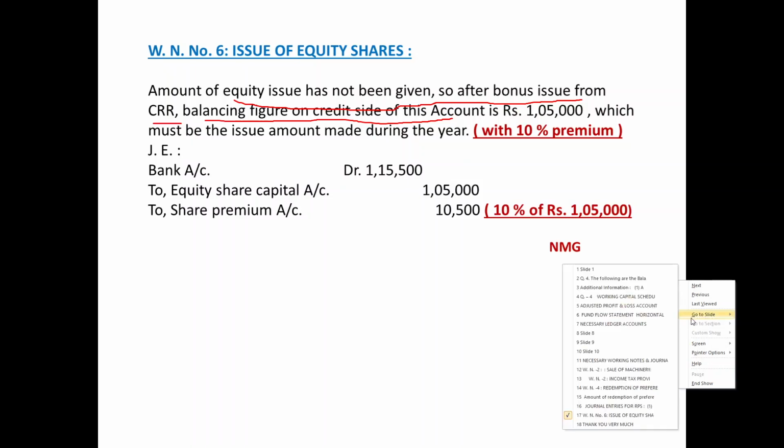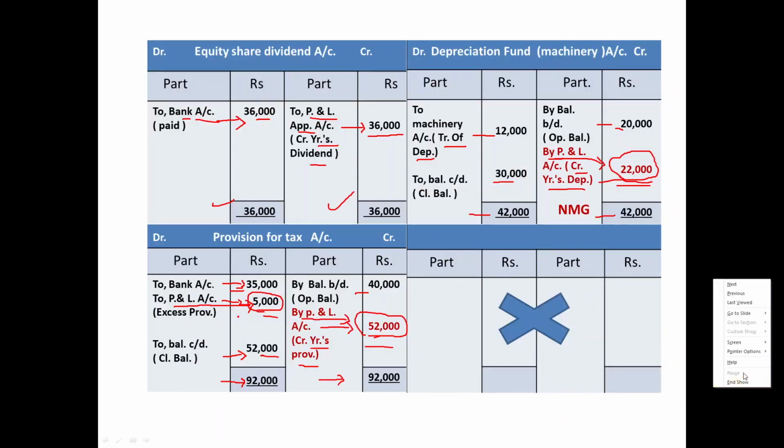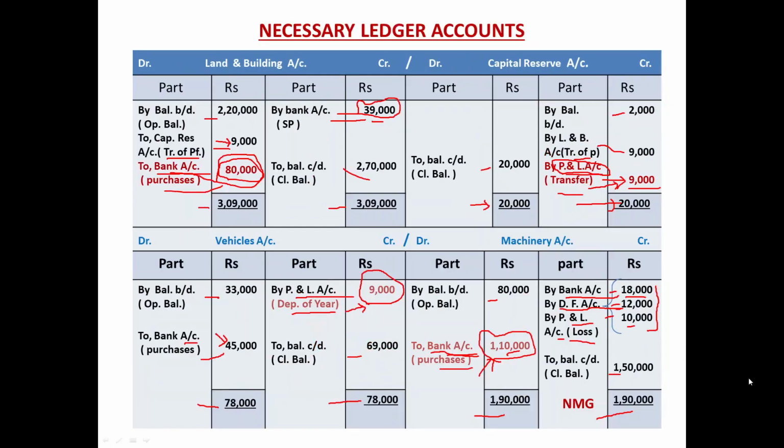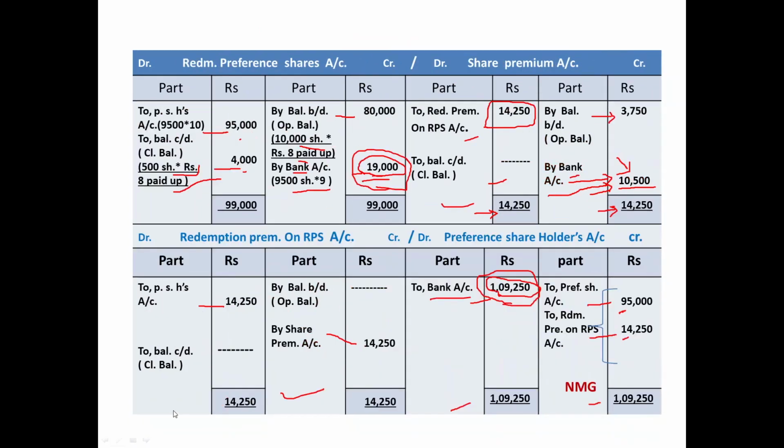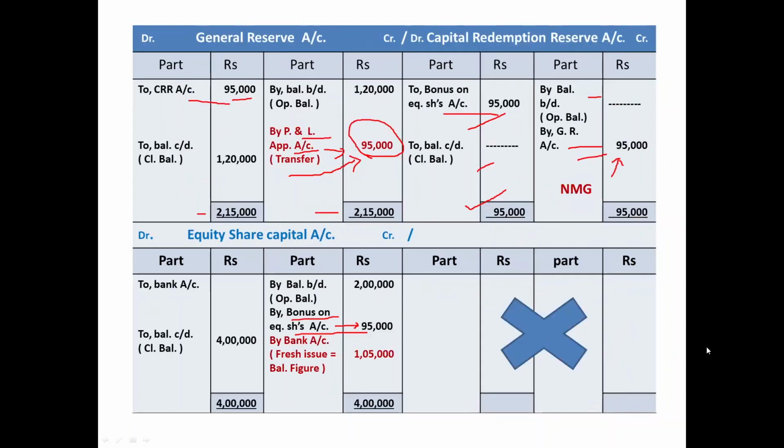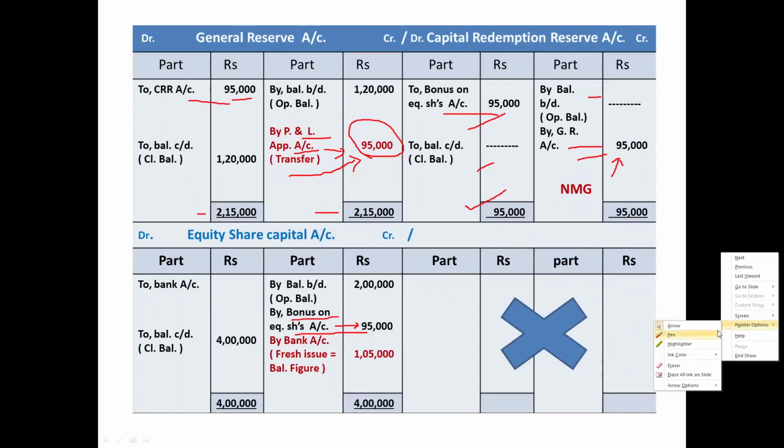So let us verify the equity share capital account to decide the balancing figure after bonus given from CRR. This is the equity share capital account. Have a look.